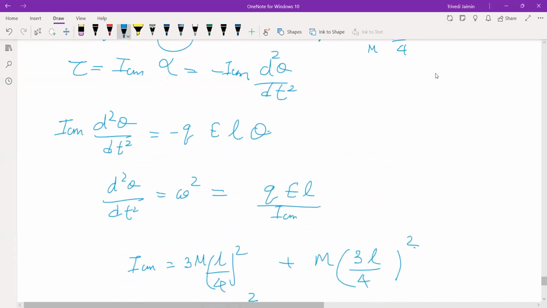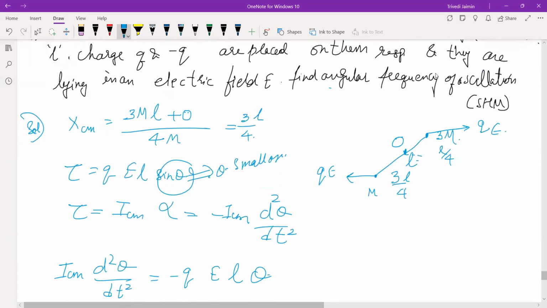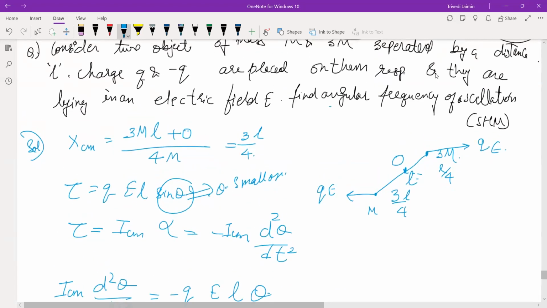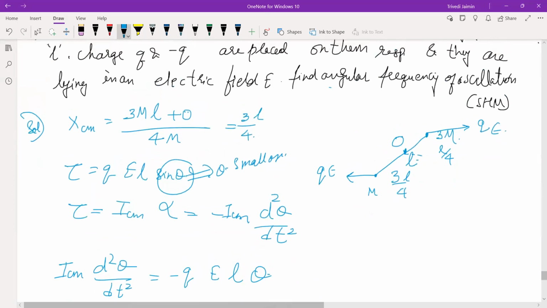So what I did here, first of all, I found the center of mass.